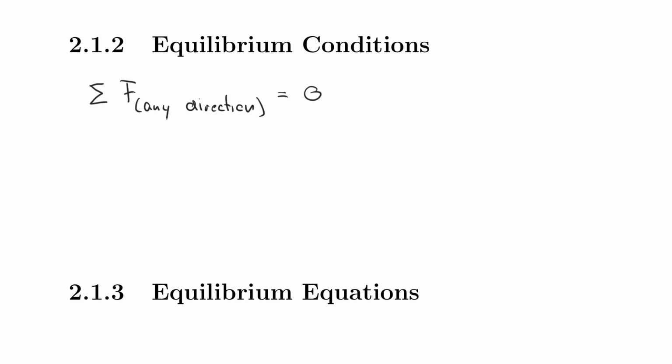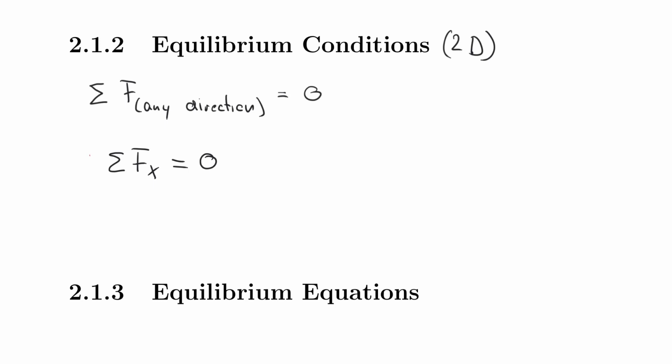But this would of course be too much writing effort for engineers, so engineers actually like to break it down into an x, y direction in 2D. So remember that here we're talking about 2D. So engineers would state something like the sum of the forces in x is equal to 0. But that is not good enough. We also have to state in which direction it's positive.